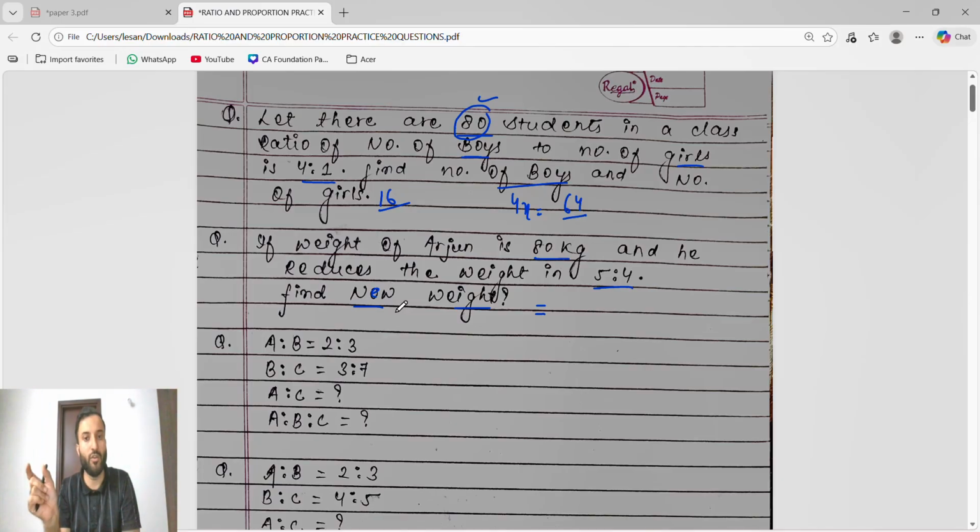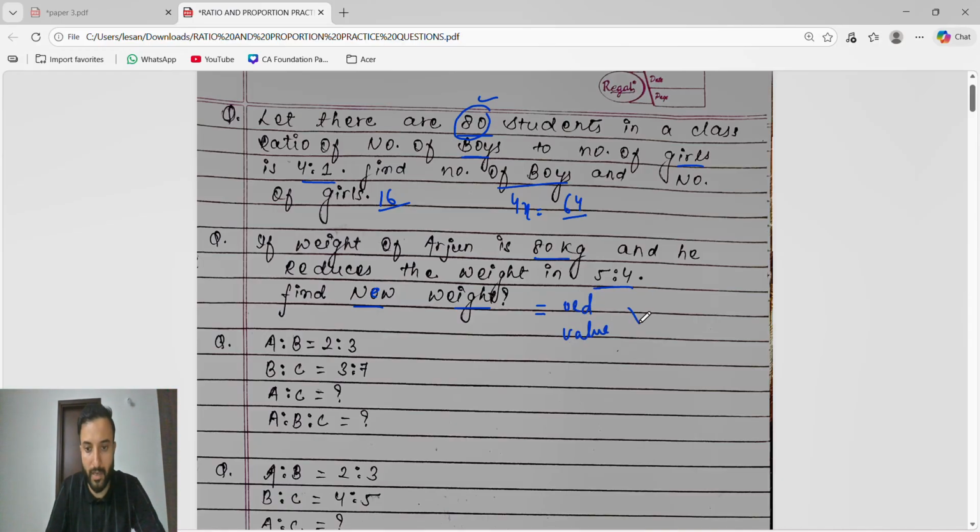Then we have to find the new value. For finding the new value, the formula is the same. We write the old value into the reciprocal of the ratio. Suppose the given ratio is A:B, so I will take the reciprocal, that is B by A. Here the old value is 80.